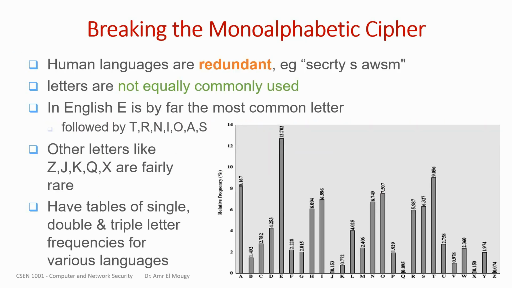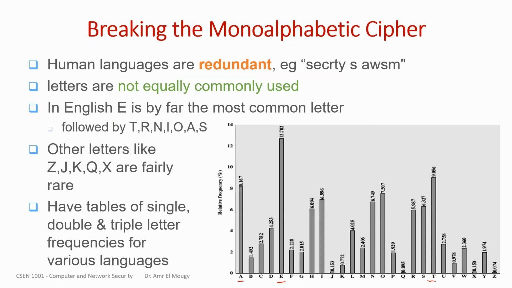For example, this figure here shows the likelihood of a letter appearing in the alphabet. We find that the letter E is the most occurring letter in the English language, followed by the letter T, followed by the letter A.